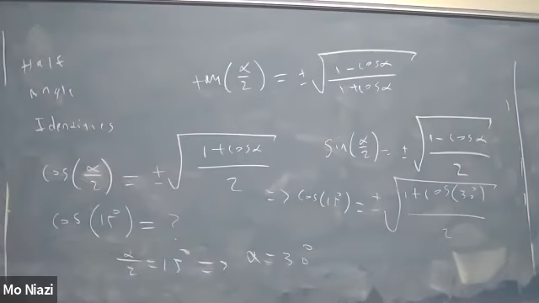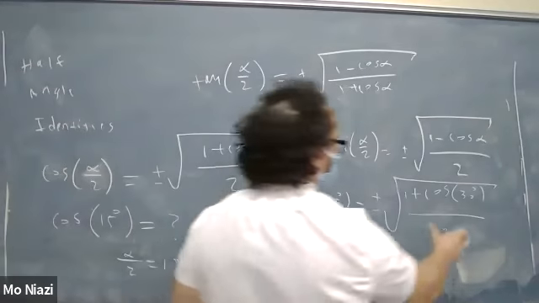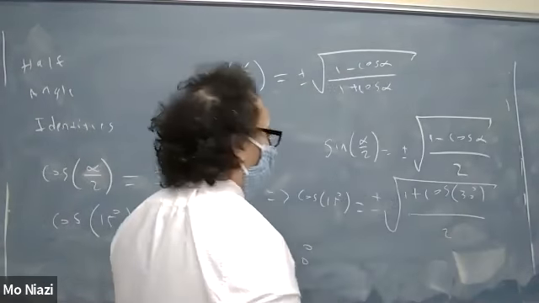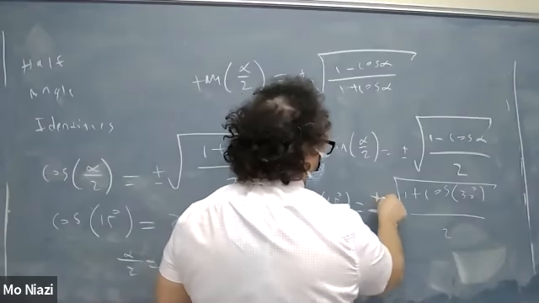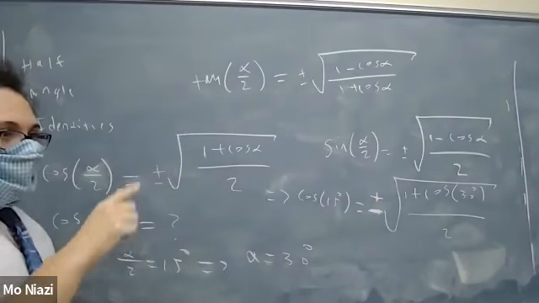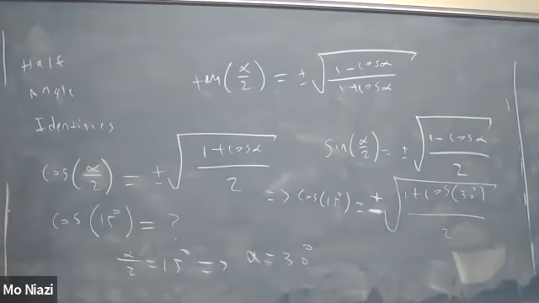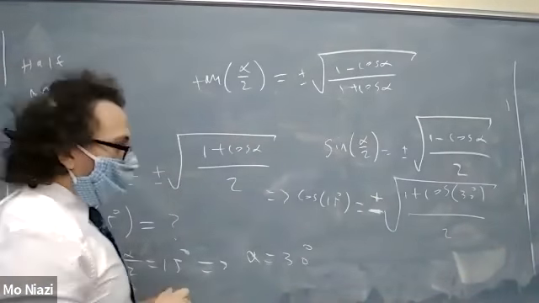Cosine of 30 degrees is root 3 over 2, so you can just replace this with root 3 over 2. This plus or minus dictates which quadrant you are in. For 15 degrees, we're in quadrant 1, and cosine assumes positive values, so we will forget the negative.